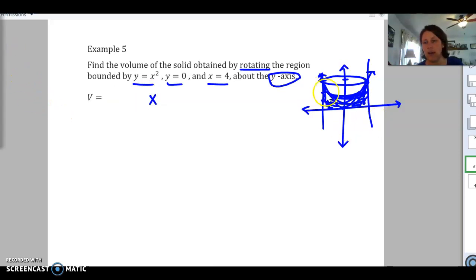When we take out this one section, the width of that section is going to be a dy, since we're on that y-axis. And when we look at that one section, we're going to have a big circle, a smaller circle inside.